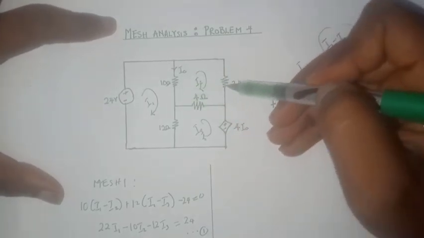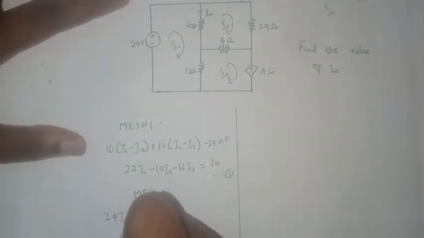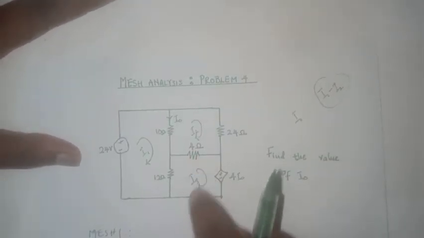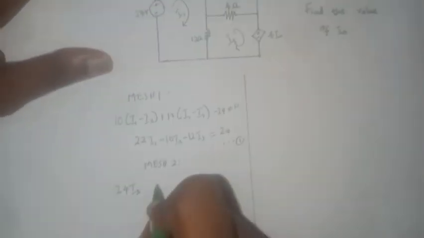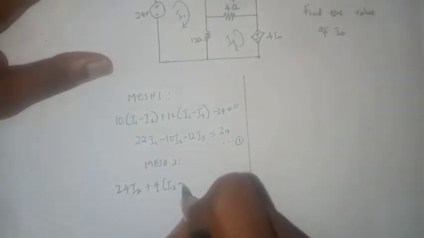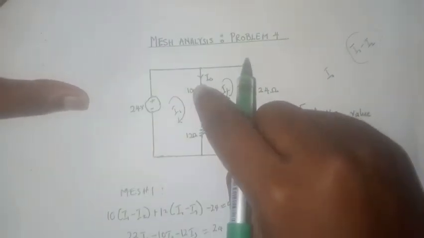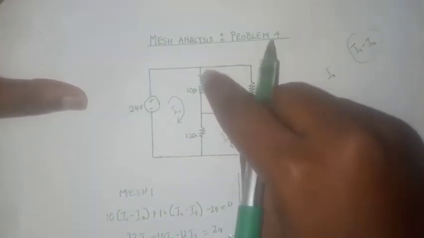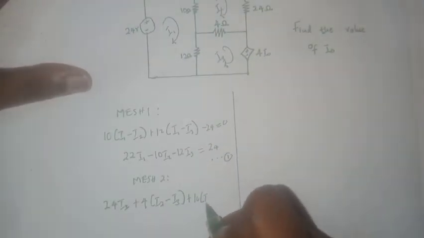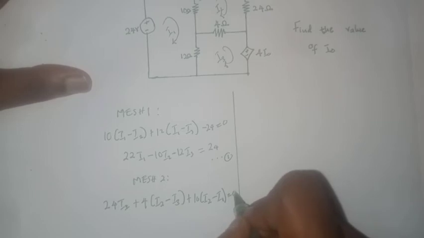I'm going to say 24 I2, then 4 I2, then we have the current I3 flowing through its opposing current I2, so that would be plus 4 into I2 minus I3. Then we come here, then we have 10 into I2 minus I1, so plus 10 into I2 minus I1. Then we equate everything to 0, that is KVL.